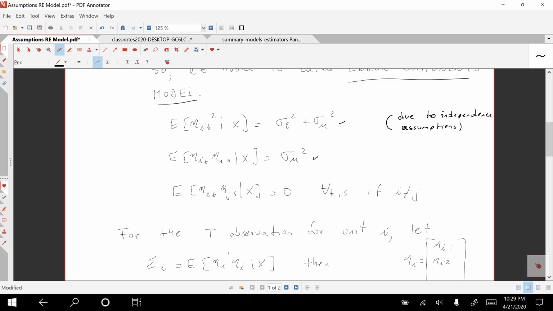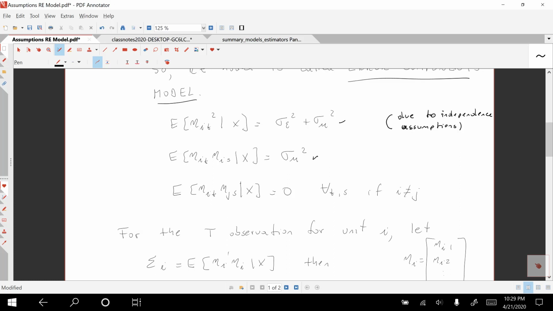So this is the correlation of the errors for the same individual across different time periods. That correlation is given by the variance of the individual level error. And of course, the correlation of these eta error terms for different individuals in different time periods is going to be equal to 0.